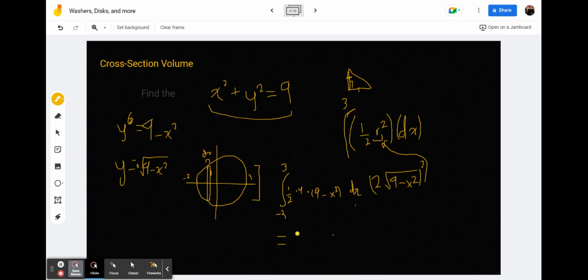So this, of course, will give us 2 times the integral from -3 to 3 of 9 minus x squared dx, which of course gives us 2 times the value 9x minus x cubed over 3 from -3 to 3.